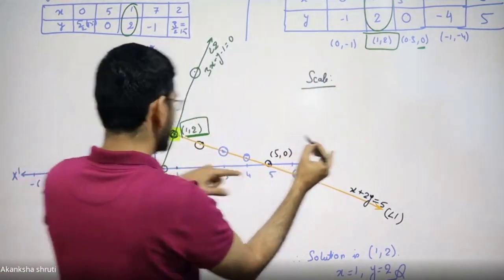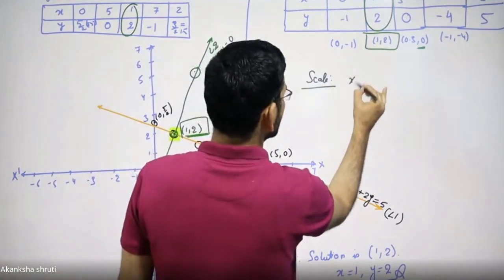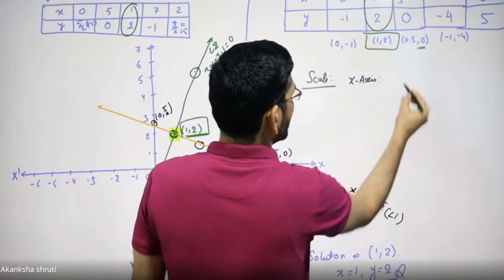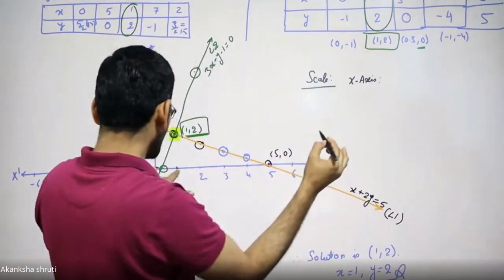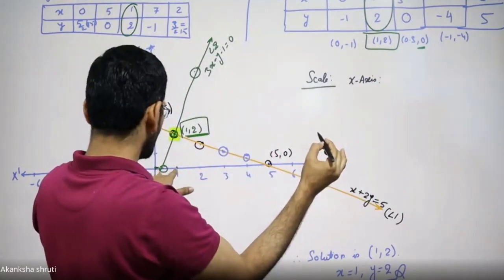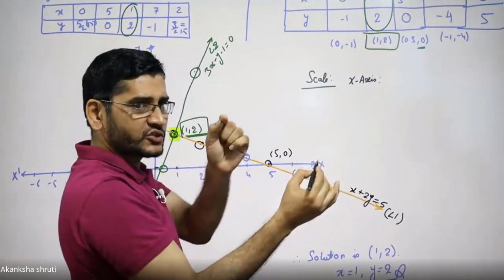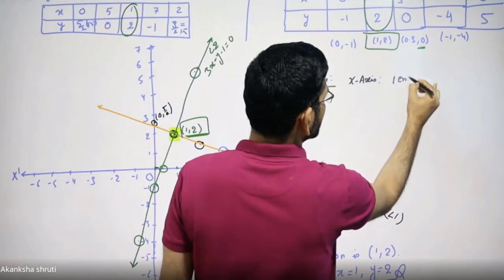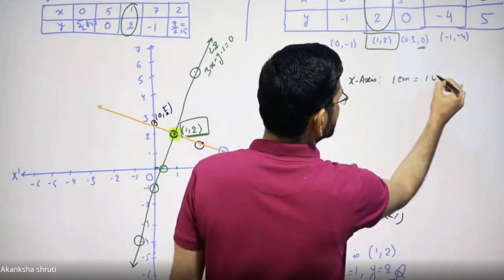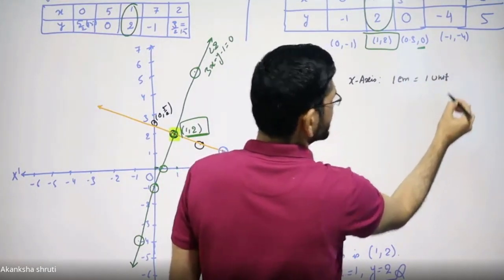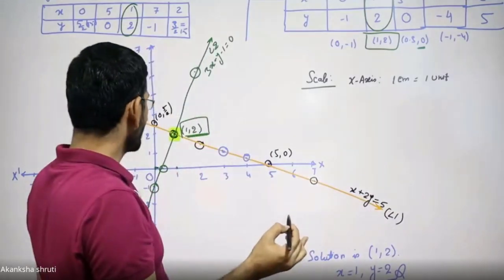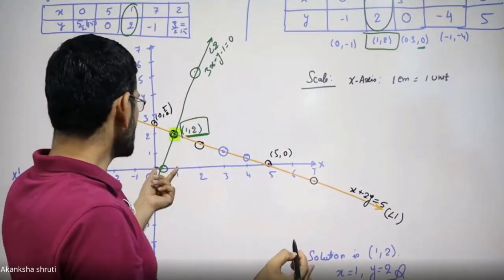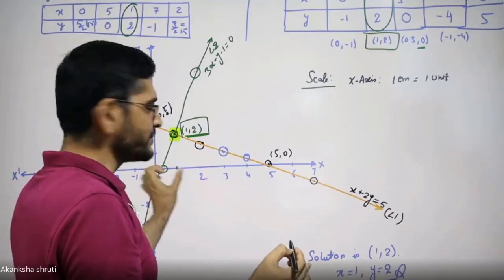So write down the scale. Here on this x-axis, if you have plotted 1, 2, 3, 4, that corresponds to 1 centimeter. So 1 centimeter is equal to 1 unit. That is representing the 1. Many a time, if we have a very big equation or bigger numbers, we need to take 1 centimeter as 2.